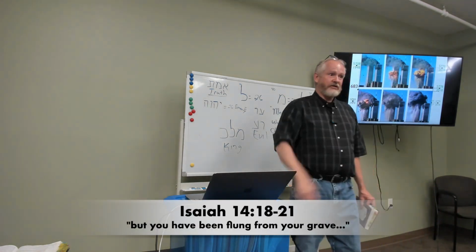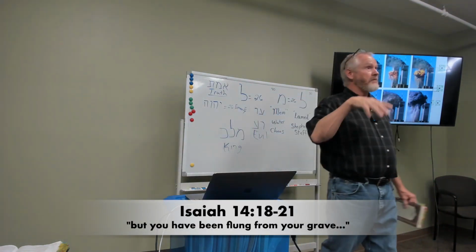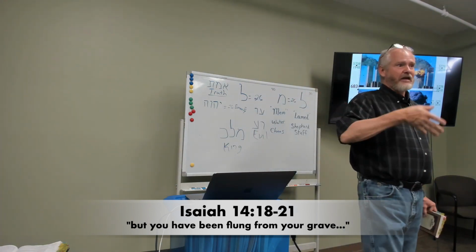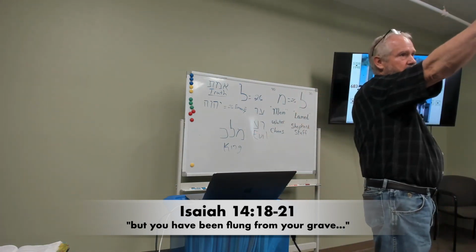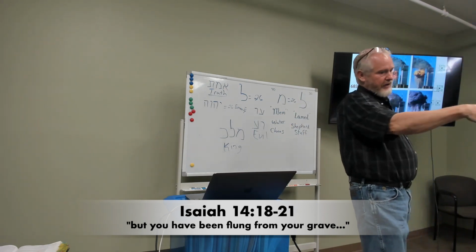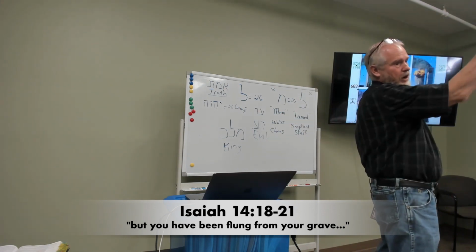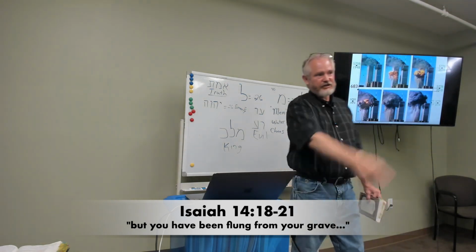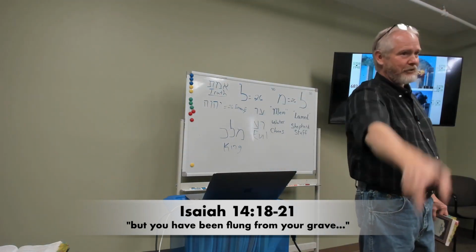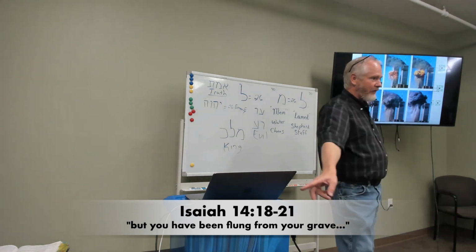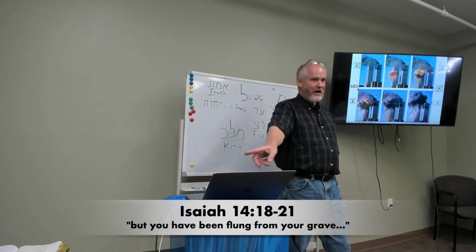And it's actually in Isaiah. This is everywhere. In Isaiah, where it showed that he's going to set himself up on the Mount of Meetings, you just keep reading there and you'll see. It says, you will be flung from your grave like a detested tree shoot, and you will not know burial. You will not be buried with the kings of the earth.